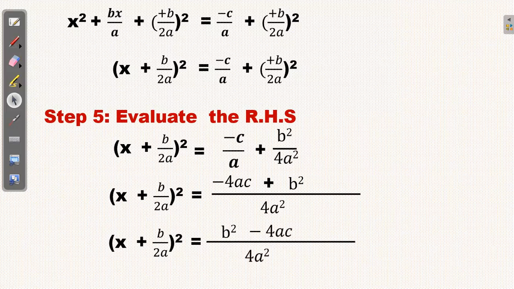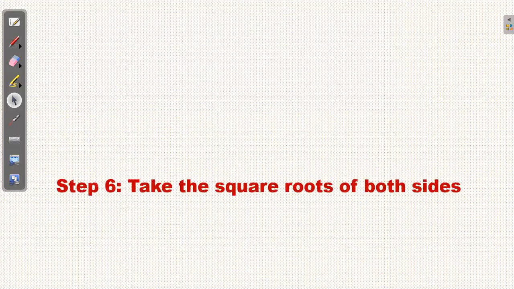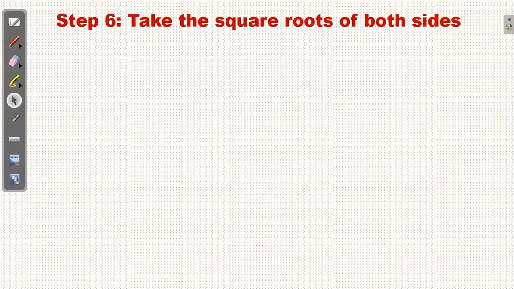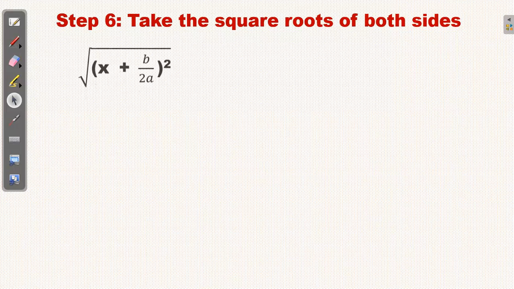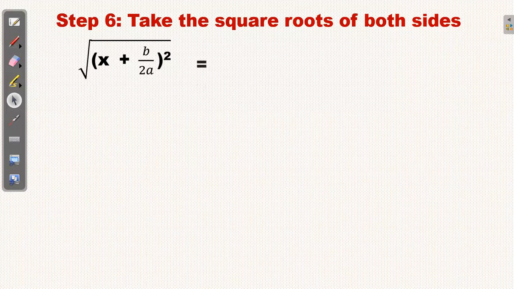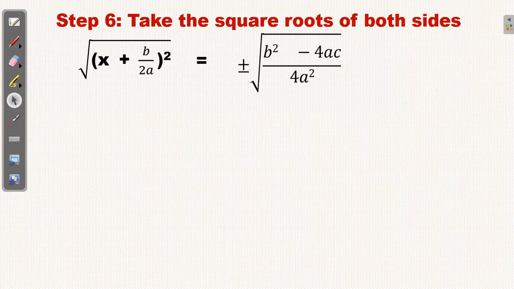over 4a squared. The next thing we need to do, we have to take the square root of both sides because we need to get the value for x. So we have the square root of x plus b over 2a all squared to give the square root of plus or minus b squared minus 4ac over 4a squared.